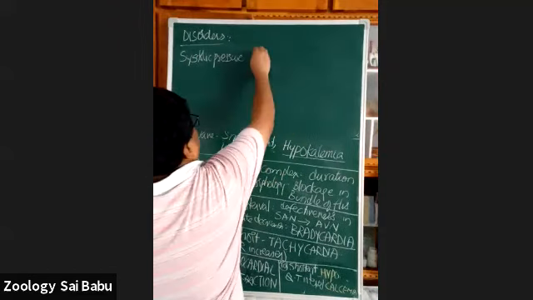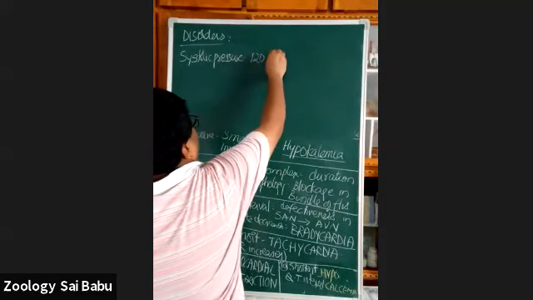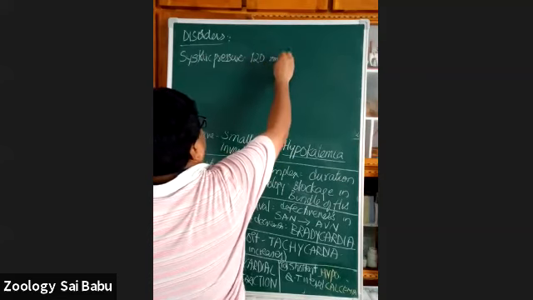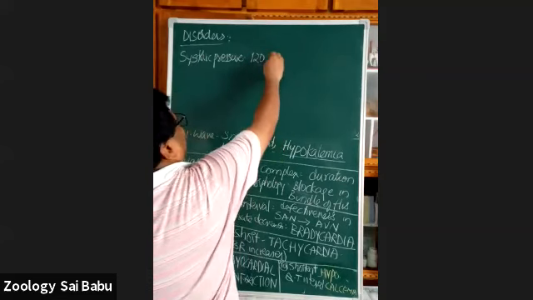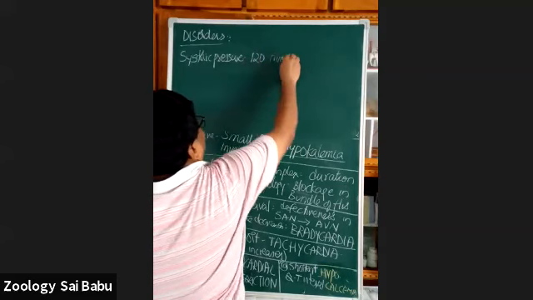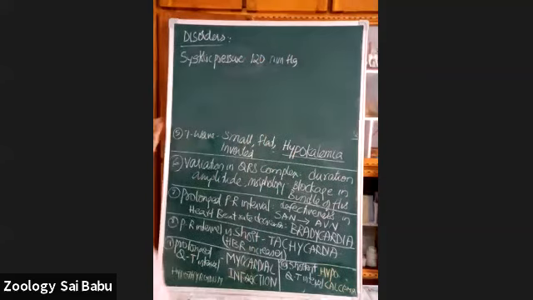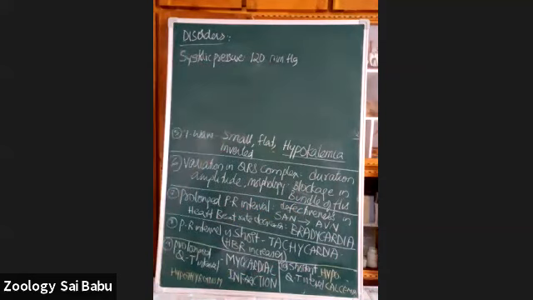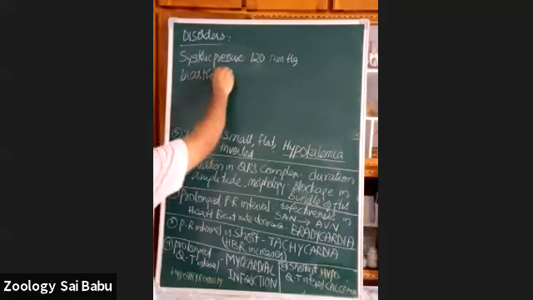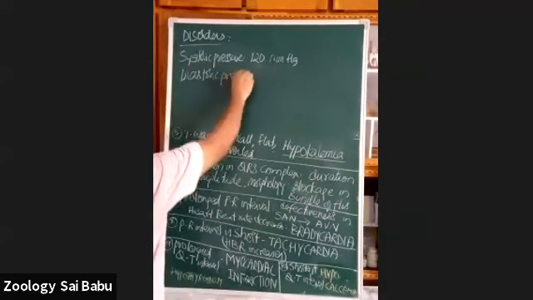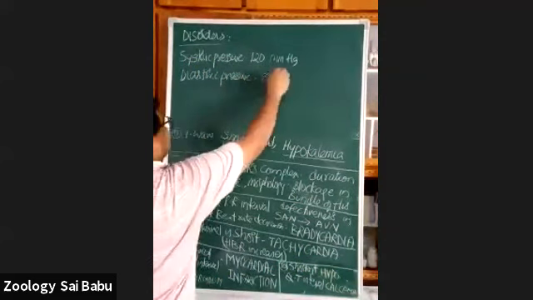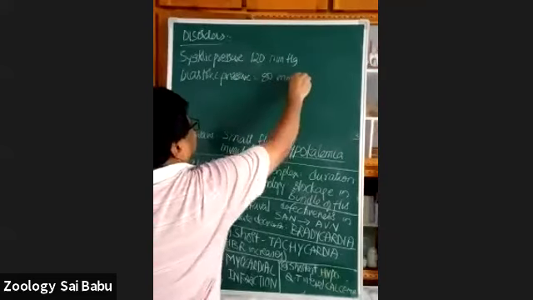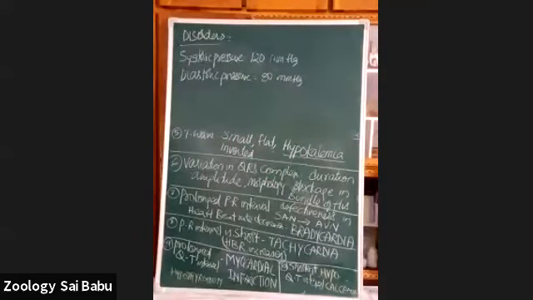Usually, the systolic pressure of a healthy person is about 120 mm of mercury, Hg pressure. When the heart is undergoing diastole, when the heart is dilating, the diastolic pressure is about 80 mm of mercury.